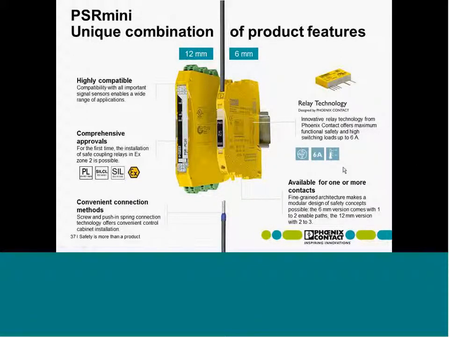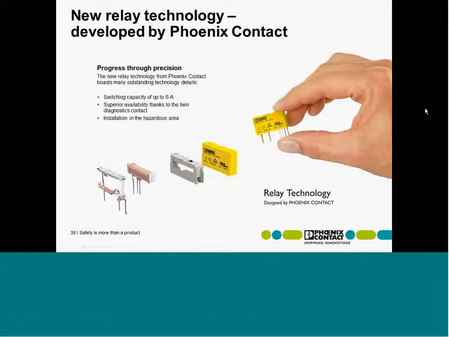The most interesting thing that allows us to design such small and narrow safety relays is the elementary relay itself. The elementary relay, as we see on the next slide, is our own development, in our own production here in Bad Pyrmont, where Phoenix Contact is headquartered. It guarantees a force-guided principle between the normally closed and the normally open contact.